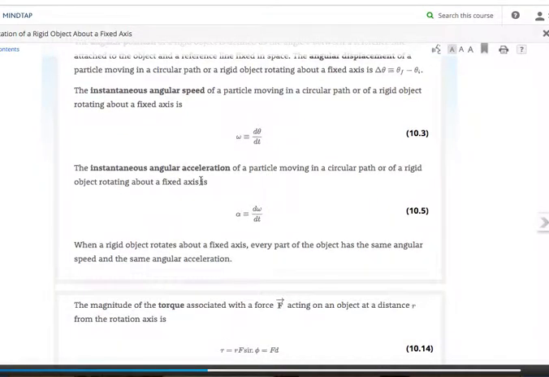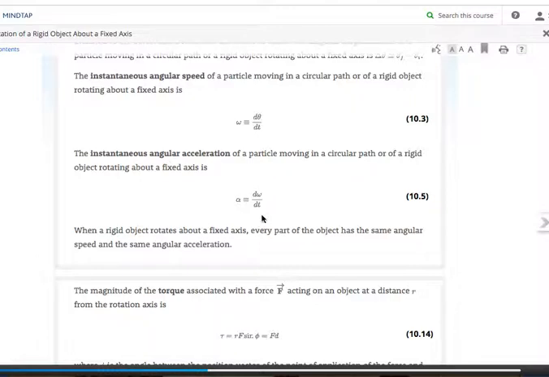Instantaneous angular acceleration is going to be the rate of change of the angular velocity, again, d omega dt. For the most part, this angular acceleration is just going to result in speeding up or slowing down of rotation. To change the direction of a point on that circle, like to cause it to rotate at all, you have a centripetal acceleration as well.